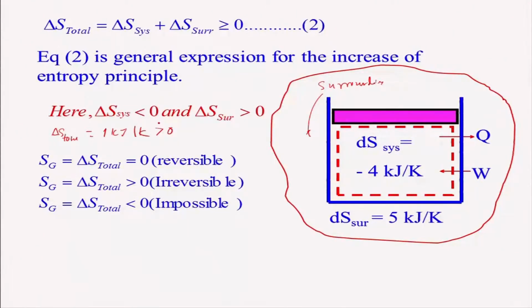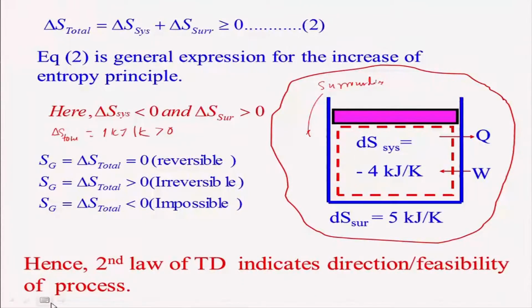If the total entropy is equal to 0, then we call it a reversible process, and if the total entropy is greater than 0, it is an irreversible process. If the total entropy is less than 0, it is an impossible process. Hence the second law of thermodynamics indicates the direction or the feasibility of a process.